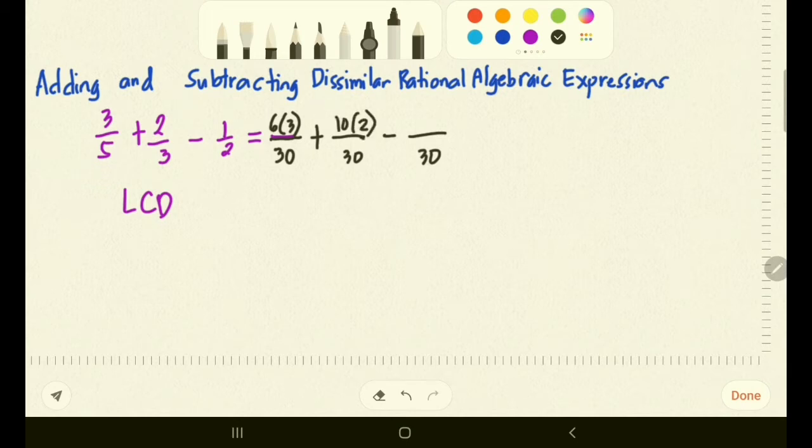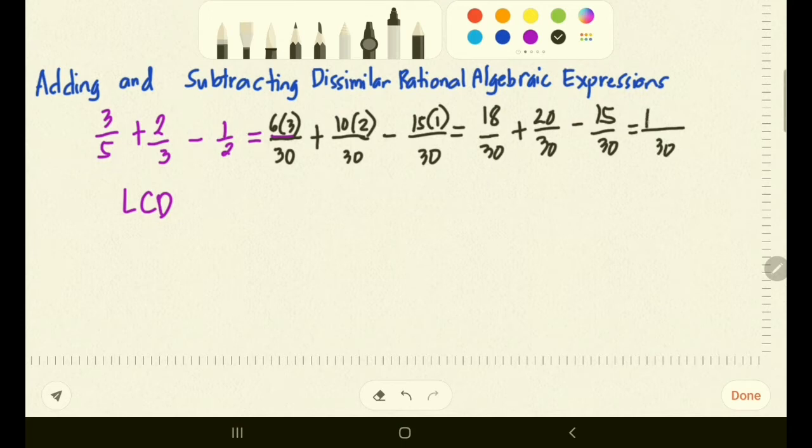And then 30 divided by 2 is 15, times 1. So, 6 times 3 is 18, 10 times 2 is 20 over 30, and 15 times 1 is 15 over 30. As you observe, they have the same denominator already, so now you can add or subtract directly the numerators.